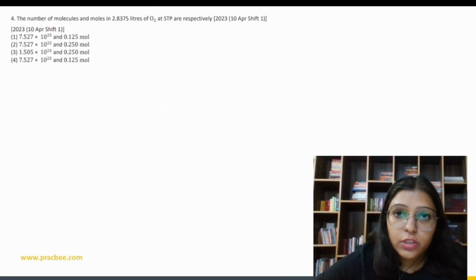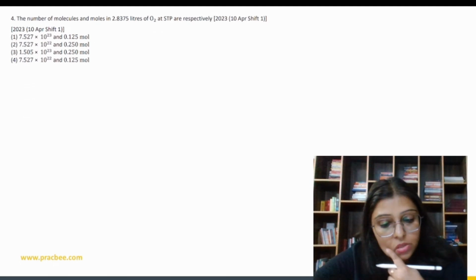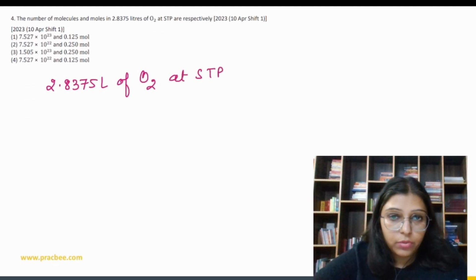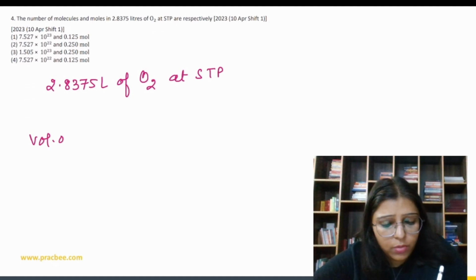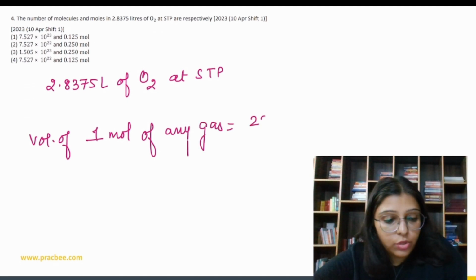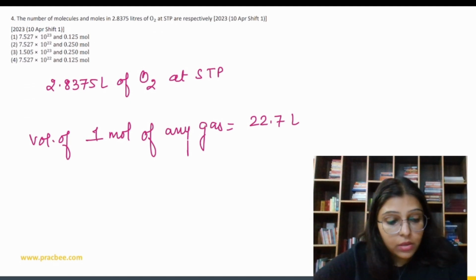The number of molecules and moles in 2.8375 liters of O2 at STP are respectively. So we have 2.8375 liters of O2 at STP, and we have to calculate the number of moles. We know that the volume of 1 mole of any gas is equal to 22.7 liter.